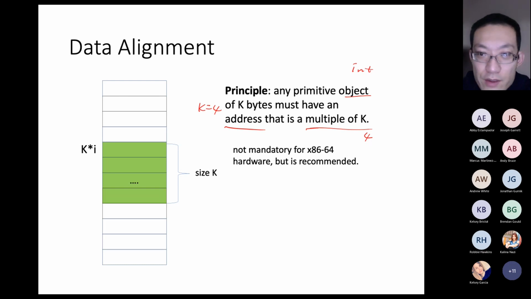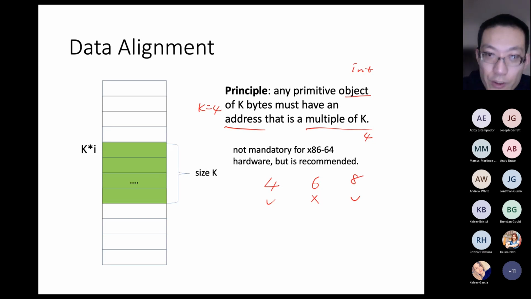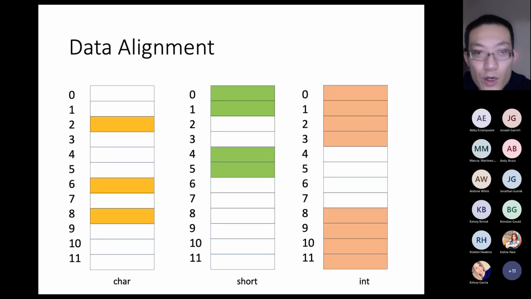If the address is 4, it is allowed to keep this integer. If it is 6, no, 6 is not a multiple of 4, so 6 cannot hold the integer. 8, again, is able to hold the integer. If we take this look, it will be more clear.